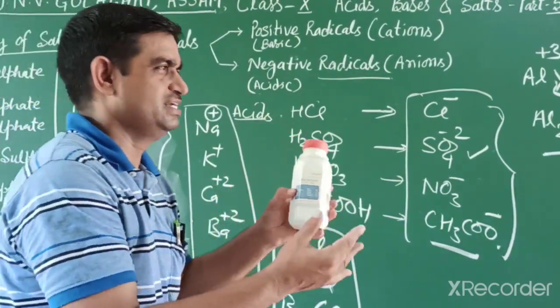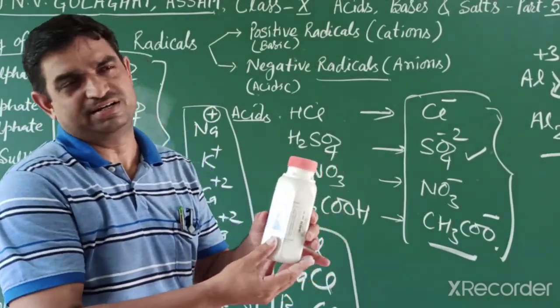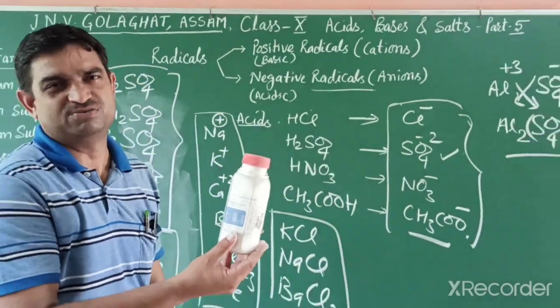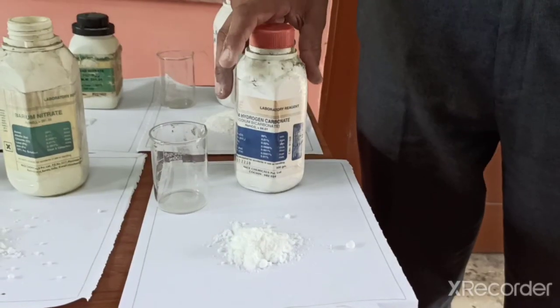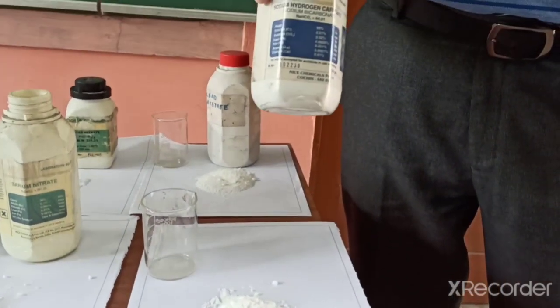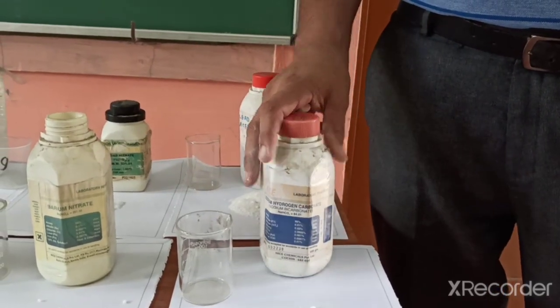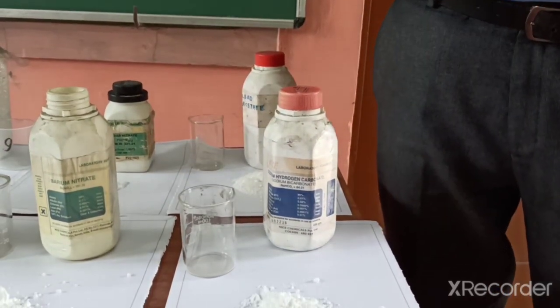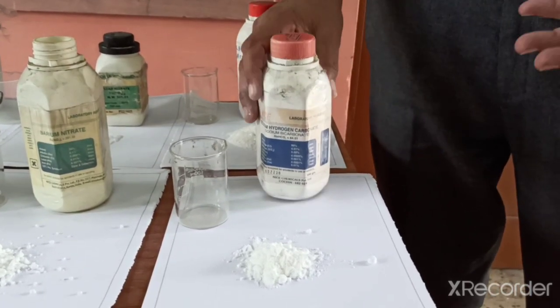You will study these salts in 11th, 12th and higher classes. See how we can find out by practicals. We study the color of the salts and we identify the pH of these different salts, because we already know three types of salts: neutral, acidic and basic. So I am showing you some salts.